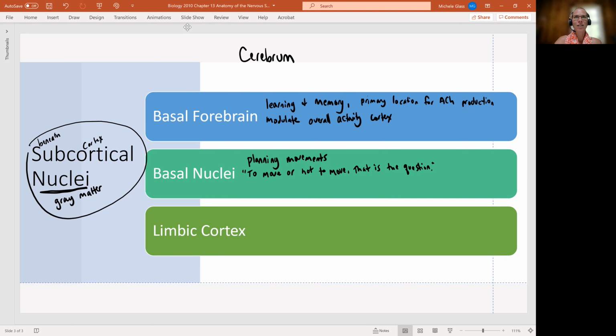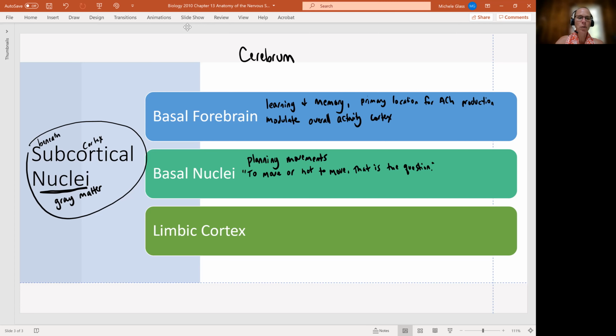And so you don't let yourself wiggle and move and jump around, and instead you sit still in your chair. You resist that urge, right? So that resistance, that planning, like I can't move now, but I can move in 10 minutes when class ends, that's coming from the basal nuclei.